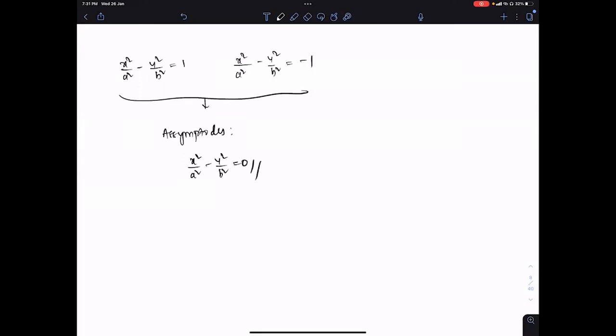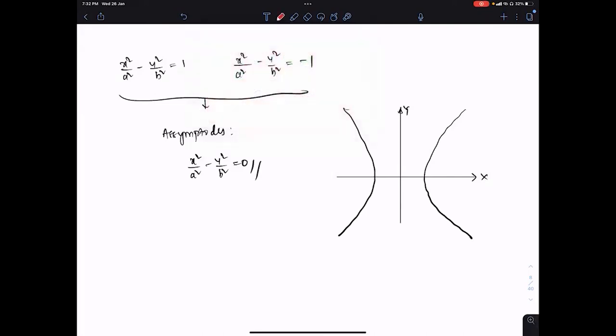That's all. That means if you know how a hyperbola looks, the hyperbola looks like this. The lines which are almost like tangents to the hyperbola at infinity are called asymptotes.